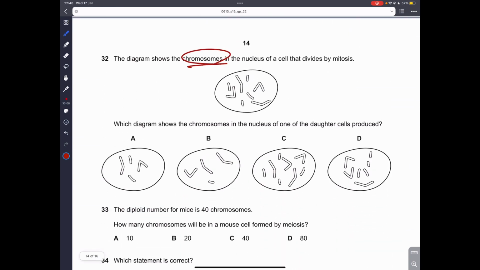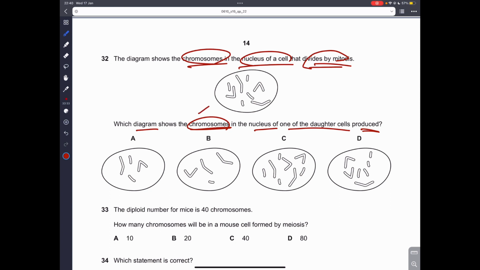Question 32. The diagram shows chromosomes in the nucleus of a cell that divides by mitosis. Which diagram shows the chromosomes in the nucleus of one of the daughter cells produced? Okay, what is this asking? This is asking that a nucleus is going to divide by mitosis. Which diagram shows the chromosomes in the nucleus of one of the daughter cells produced?